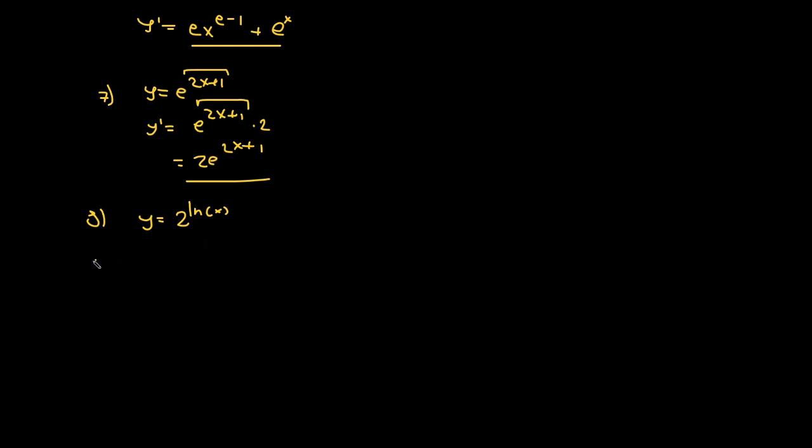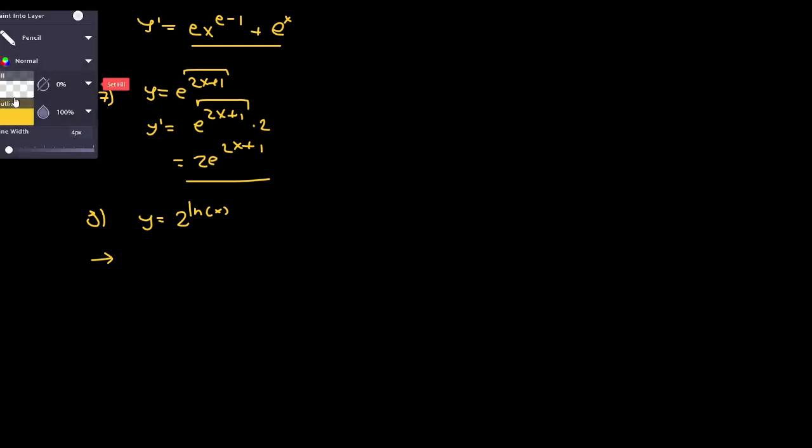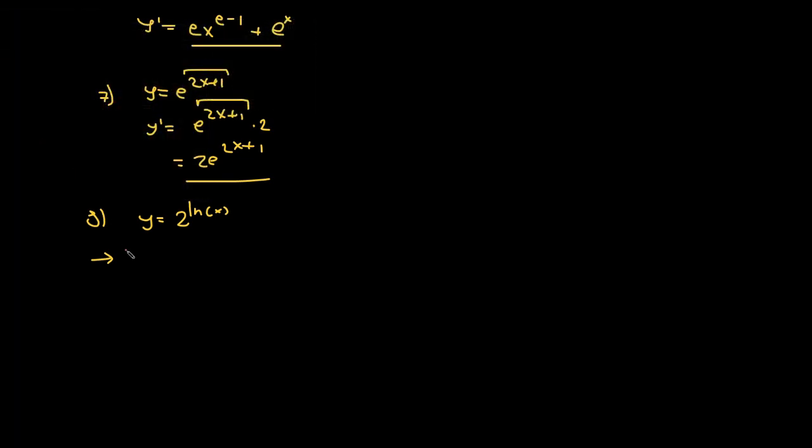Because what I can do, so I'll quickly write this in a different color. Red is nice. I can recognize that ln of x is also just the log base 2 of x divided by the log base 2 of e, right? Because the base of ln is technically e, so I have to divide by the log base 2 of e.